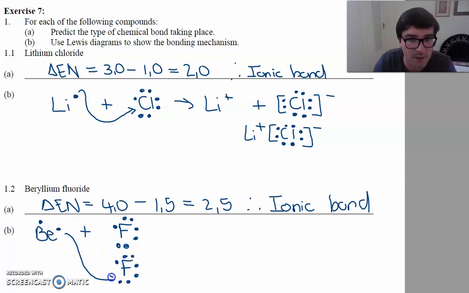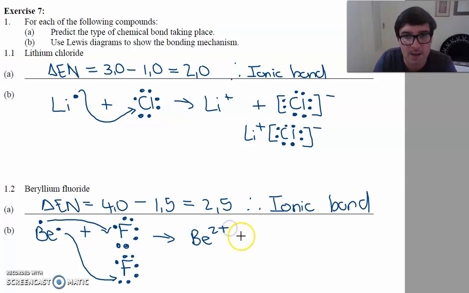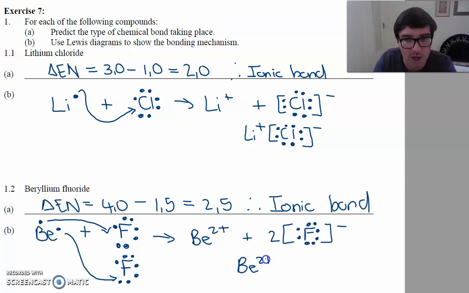So one of them going there and the other going there. What it produces is beryllium 2 plus and 2 fluoride ions. And these ions will bond in an ionic lattice to form our beryllium fluoride.